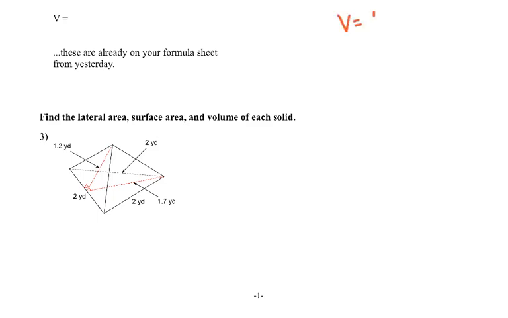Volume is equal to 1/3 of the area of the base times the height of the pyramid. So we just had that area of the base. I erased it, but you know. So that was 1/2 times the base of the triangle times the height of the triangle, which was 1.7.